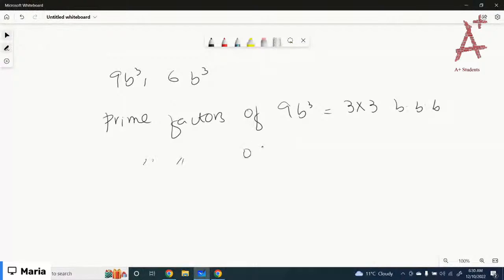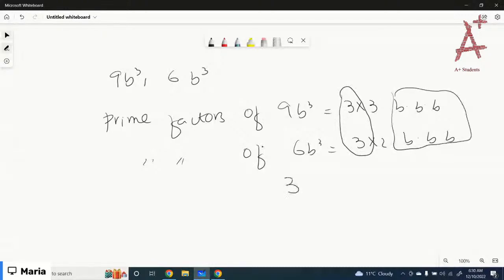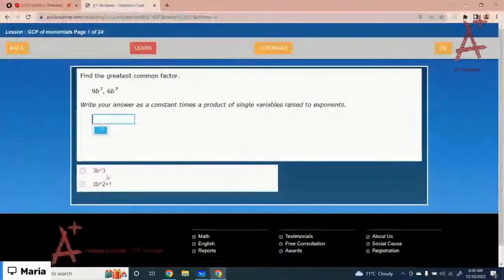And the prime factors of 6b cube are 3 times 2 and b. Just look at the common things. This 3 is common. Then all the b cubes are common. So the GCF is 3b cube. Got it? So the correct option is 3b cube. Just select the correct option, then click on the OK button.